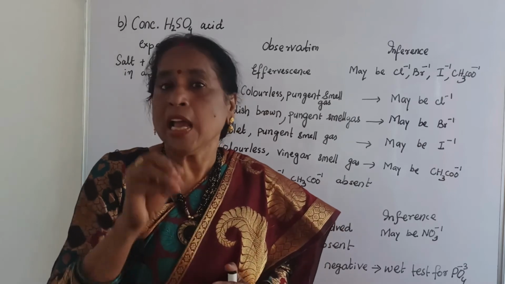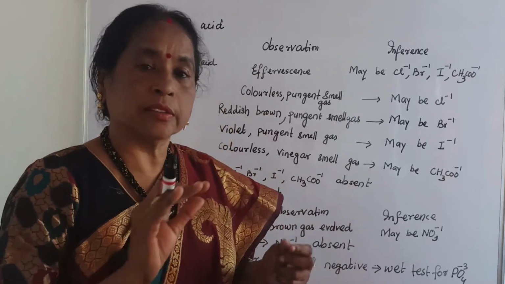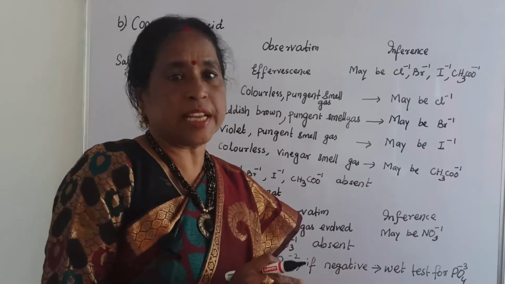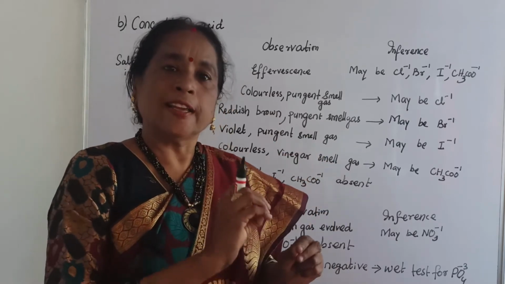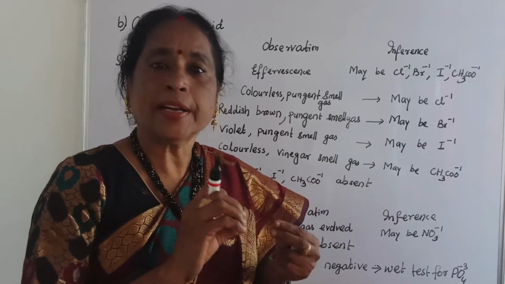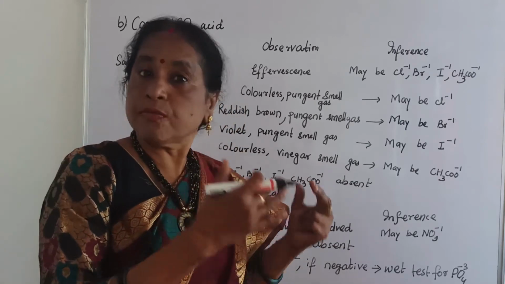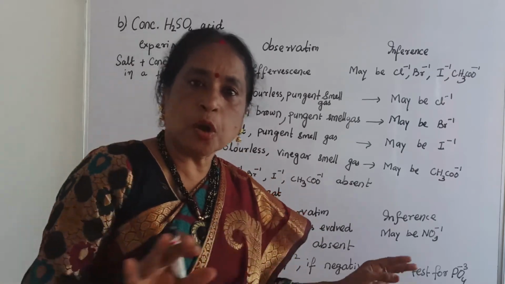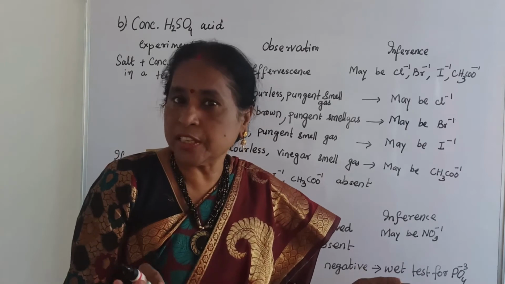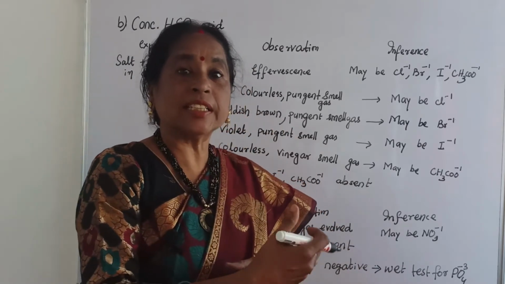What is the formula? SO4 minus 2. You do the sulfate radical wet test, that is the confirmed test, and if it is positive, then write that you did the test and this is the sulfate radical. If there is no positive test, no proper result, then what to do? You do the next radical. What is the next radical?